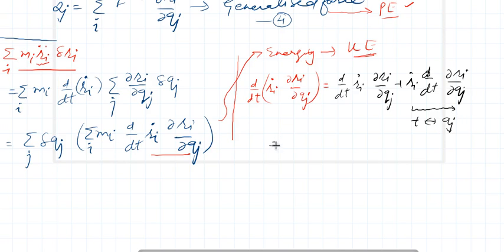This is equal to d upon dt of ri dot curly ri by curly qj plus ri dot curly over curly qj of d, and if I interchange it, then it is simply d over dt of ri, and this is simply written as ri dot.